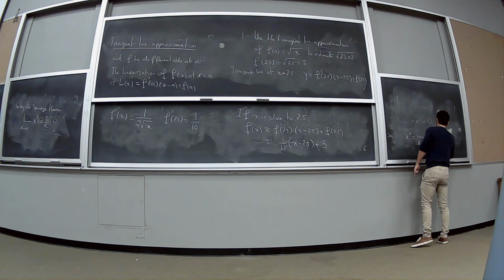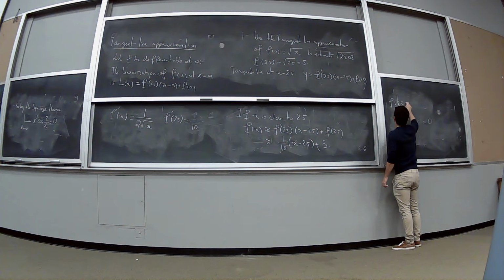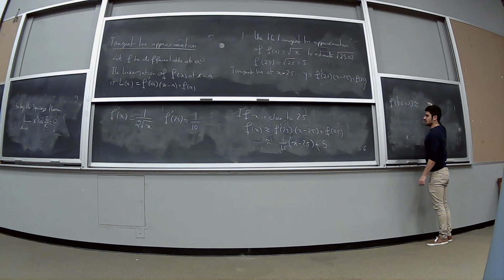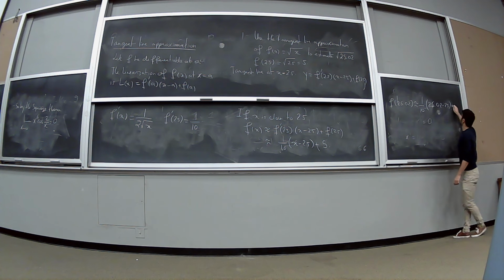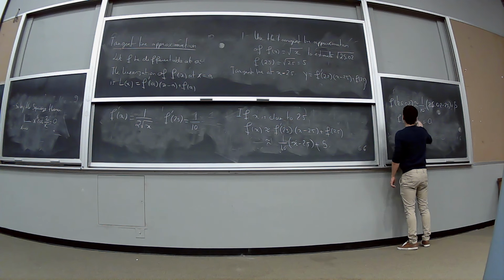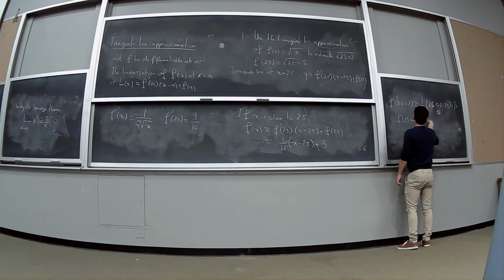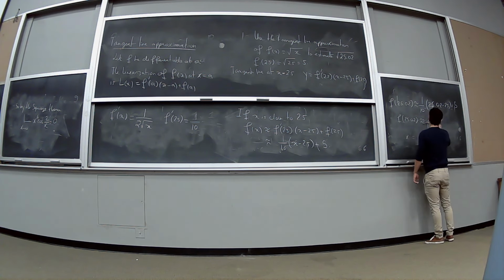I'm approximating f of 25.02. 25.02 minus 25, what is that? This is 2 over 100, right? This is 2 over 100 plus 5.